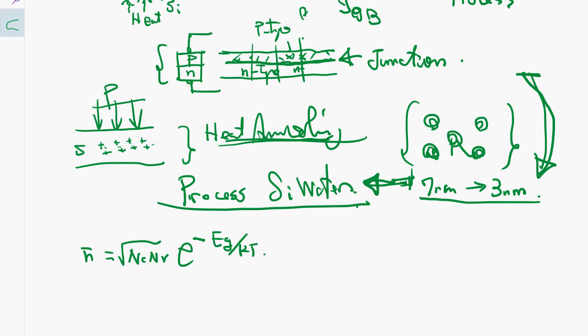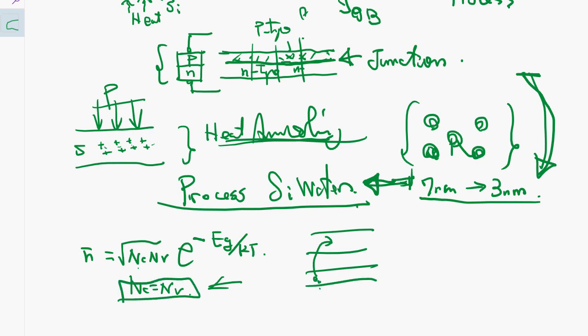So when you drive the impurity in, in the intrinsic material NC equals NV, because a single electron jumps out to the conduction band, then a single hole is created. So it's always like this. Okay.